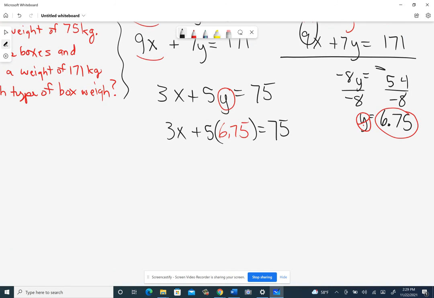So 6.75 times 5 is 33.75. Okay, so now I'm going to subtract the 33.75 from both sides.